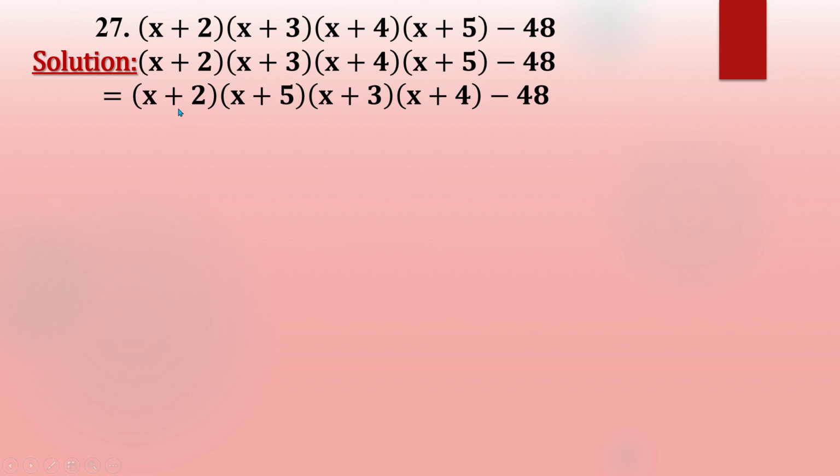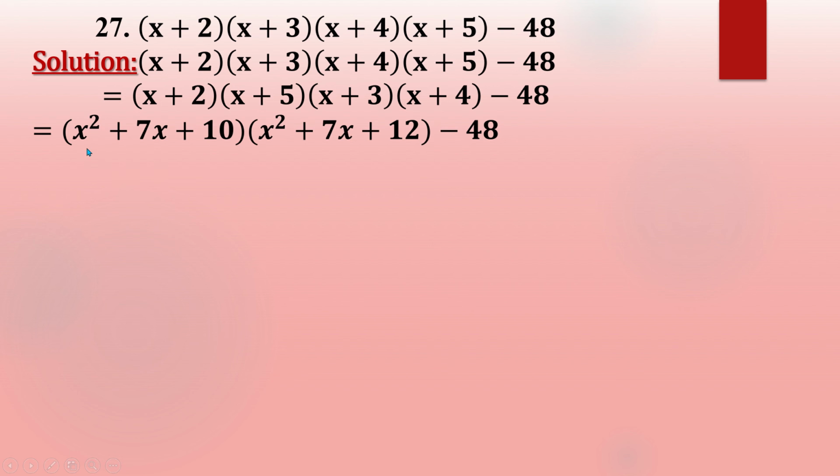Now multiplying this, x plus a into x plus b equals x square plus a plus b into x plus ab. a plus b means 2 plus 5, that means 7x, plus ab means 2 into 5, that means 10. We know this formula. That means this equals x square plus 7x plus 10, and this equals x square plus 7x plus 12 minus 48.